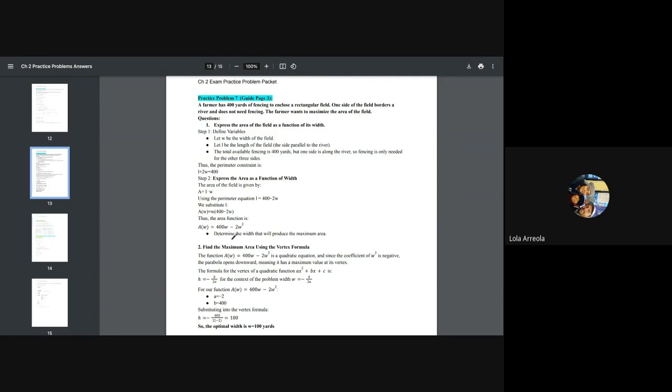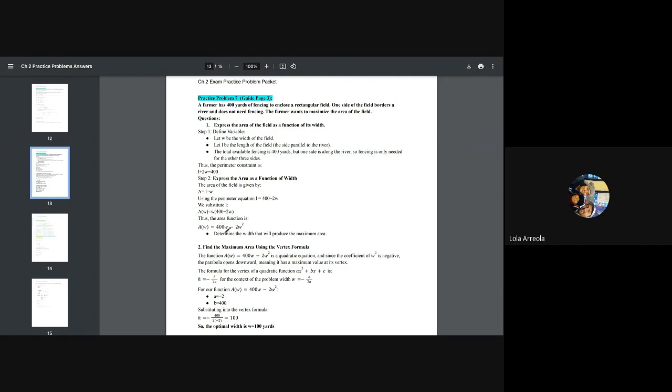So I have 200 minus 2 times 50, which is equal to 200 minus 100, which equals what? 100. So for this problem, my length is 100.